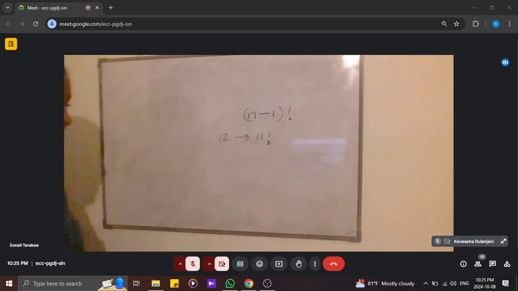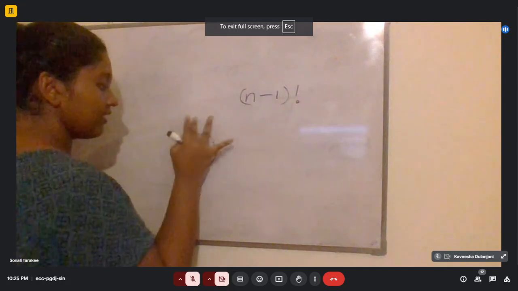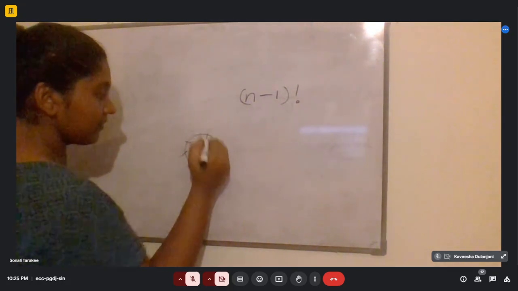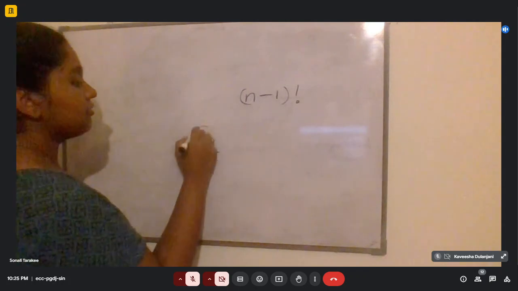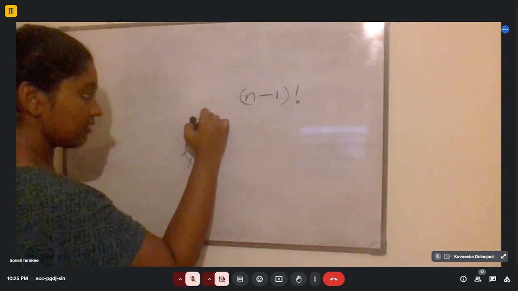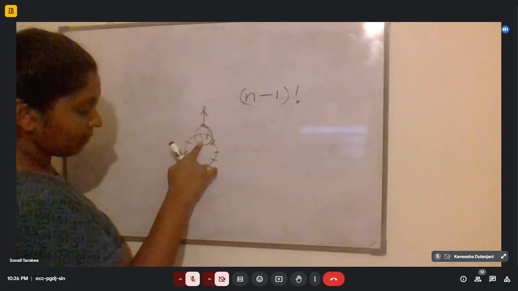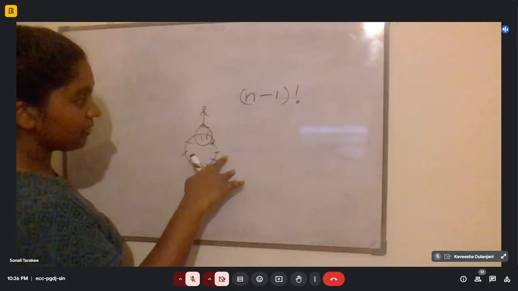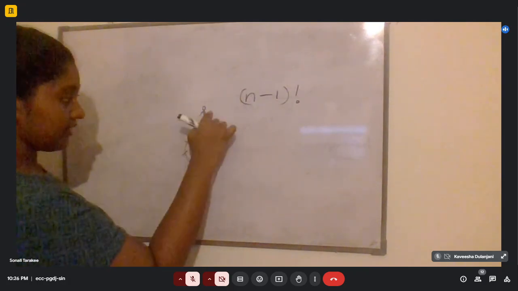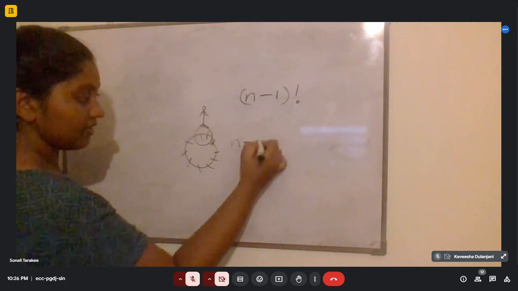Likewise. Now there are 12 people here. 12 people are seated around this, but the married couple should stay together. So we'll take those two as one person. So this couple and the rest of the people, that means 10. These 10 and this one person, you get 11. N equals 11.